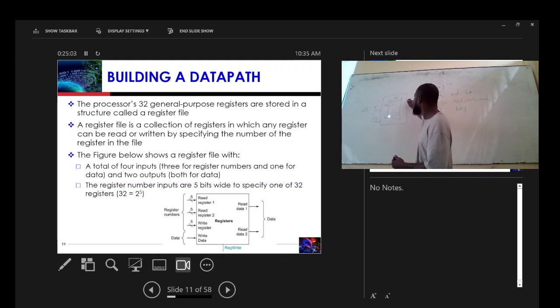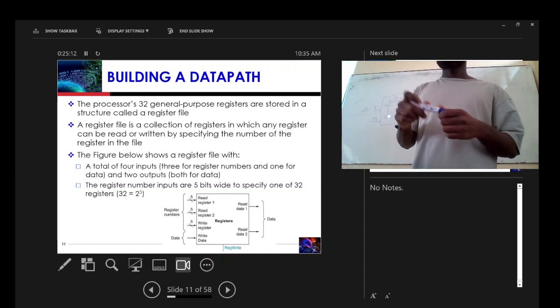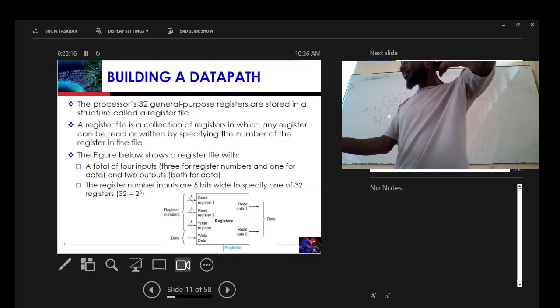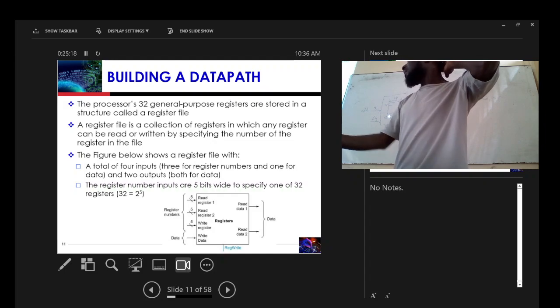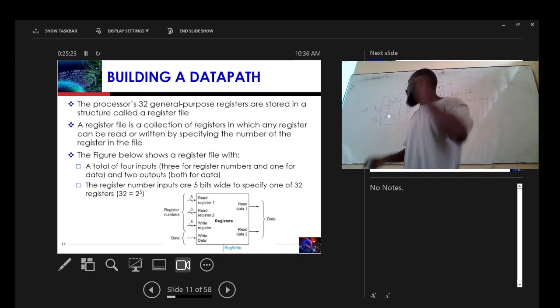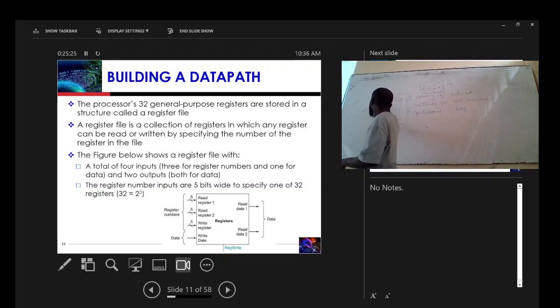To read also, we have 2 read ports. Always we have 2 read ports. Each of them is 64 bits. But to read, you have to point to where you want to read from, so there is an address also for the 2 ports. What is the 64 bits?